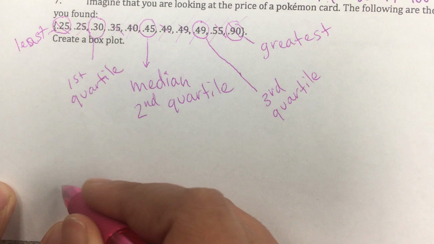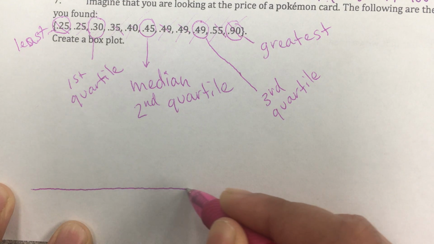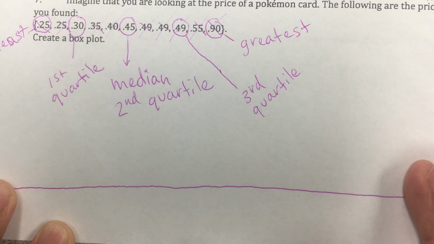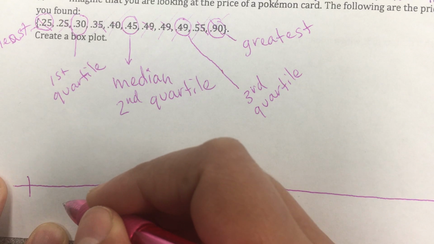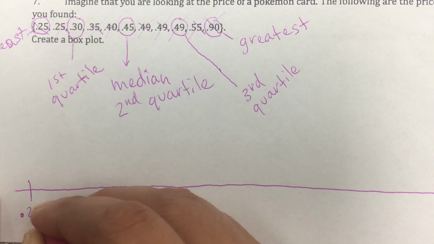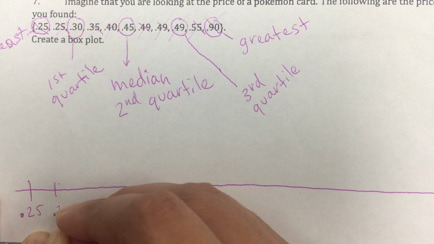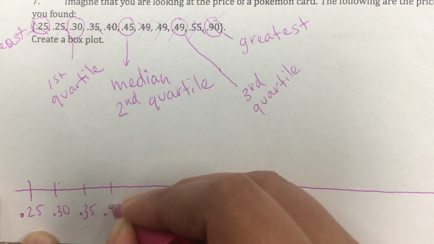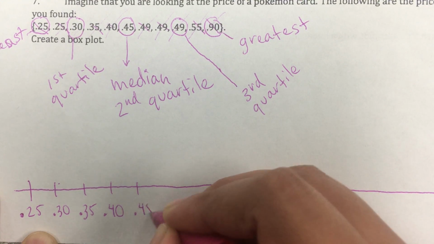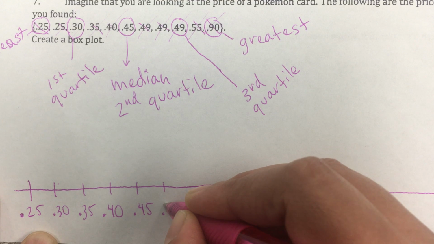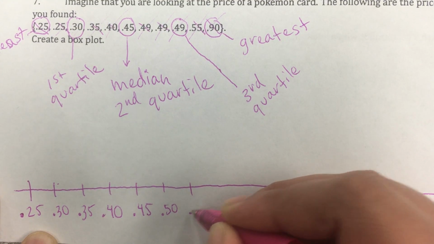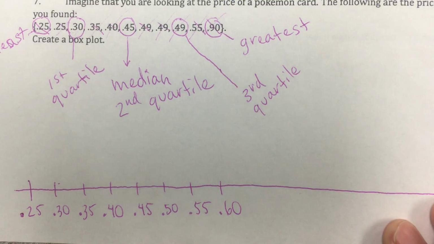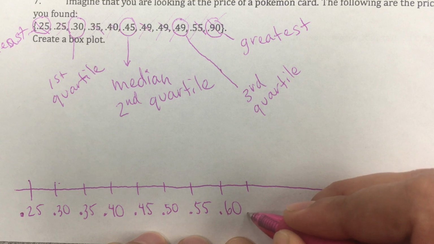What I'm going to do here is, I noticed that many of them are by the 5s. Okay, and I'm gonna try to make it so that you can see the whole thing. So in here I'm gonna put 0.25, 0.30, 0.35, 0.40, 0.45, 0.50, 0.55, 0.60, 0.65.